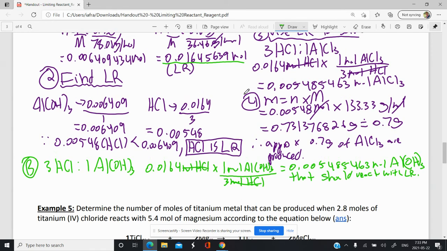But you'll notice that we have more than that. We have 0.006409434 moles. So that's our next step. So this is step 1 to find how much should react.